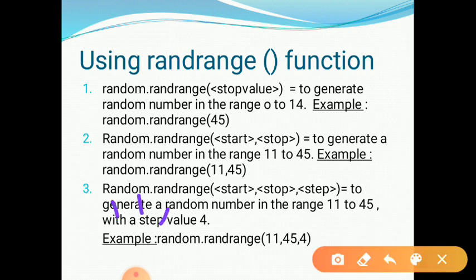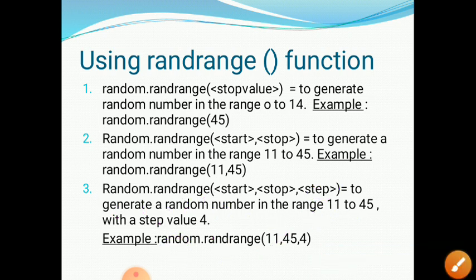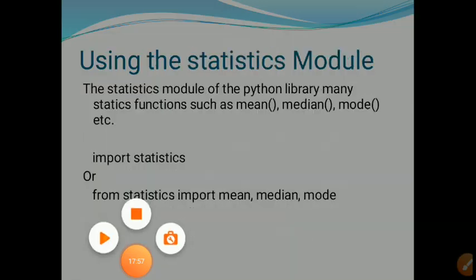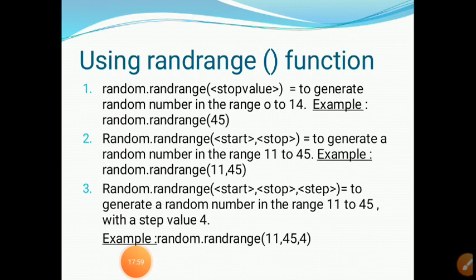So the possible results are 11, then plus 4 is 15, then 19, 23, 27, 31, 35, 39 and 43. Okay, now we can also pass that argument as negative.